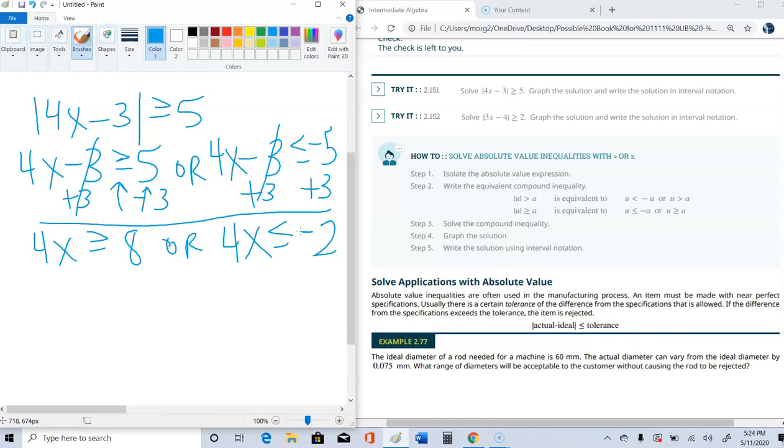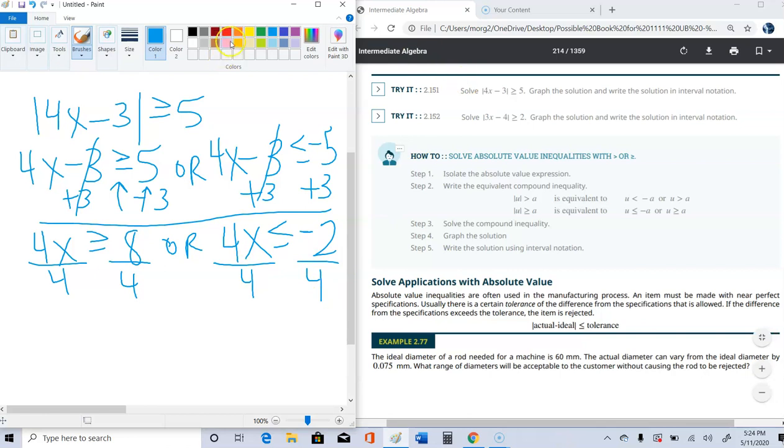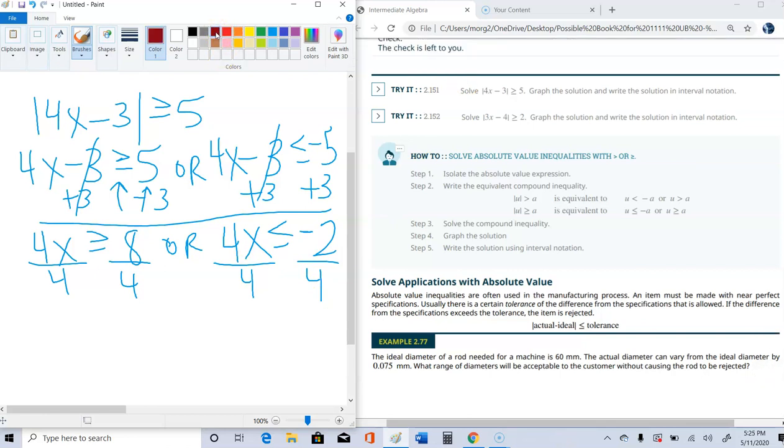The last step, divide everything by 4. So we have now x is greater than or equal to positive 2, or x is less than or equal to negative 1/2.